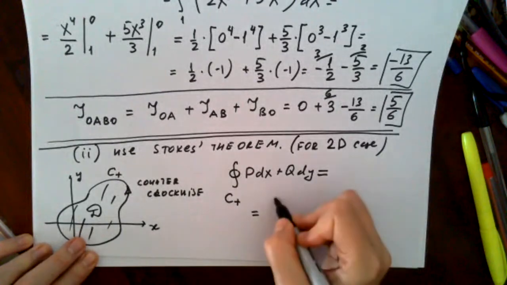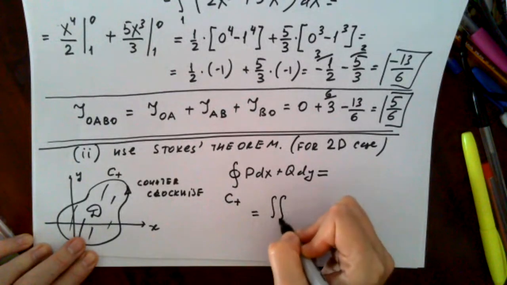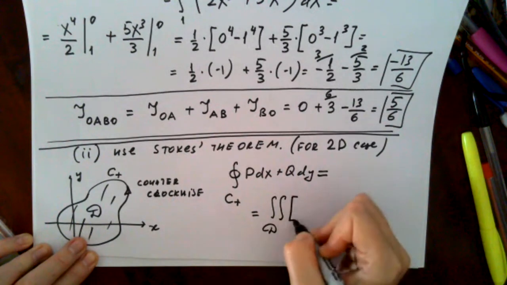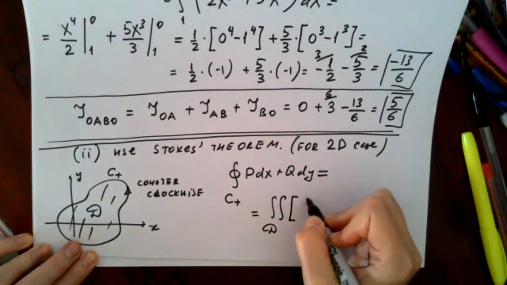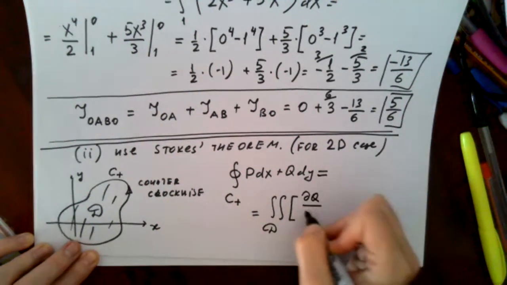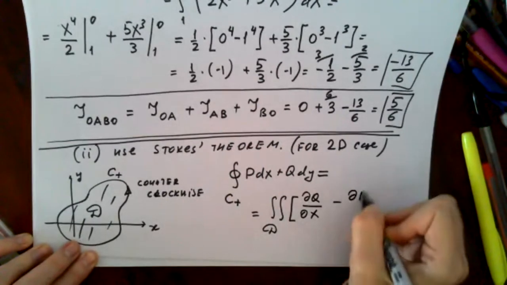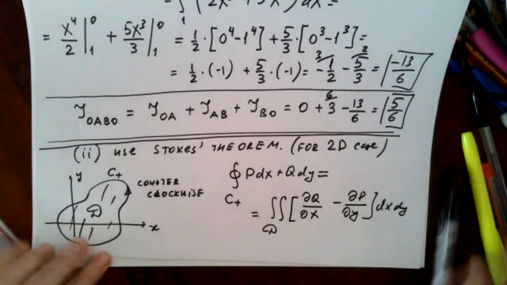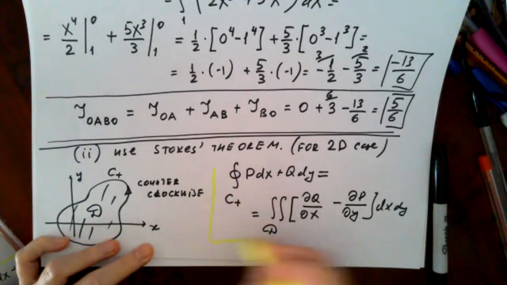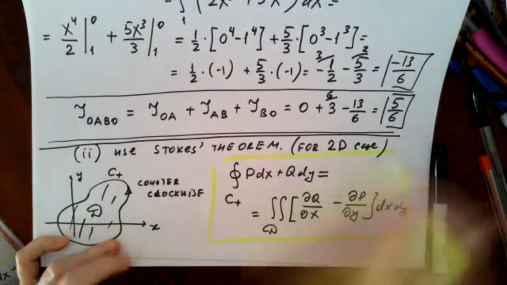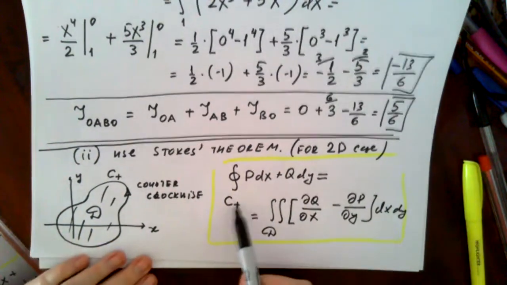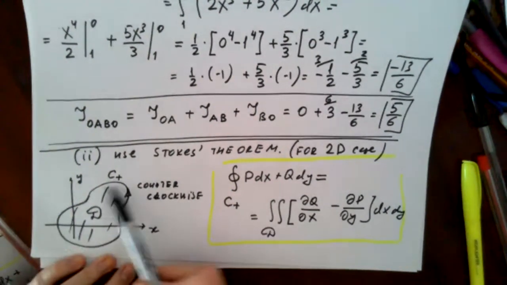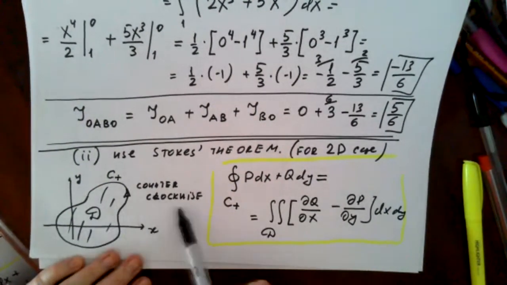This integral can be calculated by transferring to a double integral over this region D. But you need to write down the function: dq over dx minus dp over dy, dx dy. So this is the formula, the famous Stokes theorem for the 2D case. And remember, this sign plus is very essential. It means that this formula only works when you move along the contour in the positive direction, which means counterclockwise.